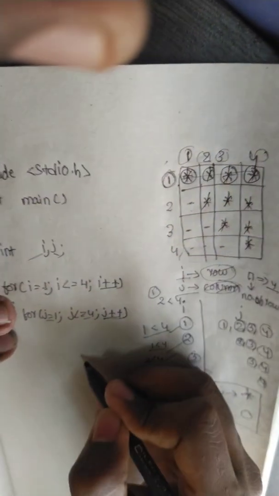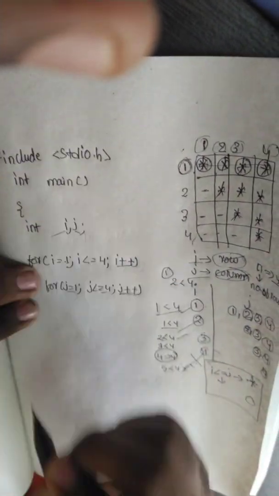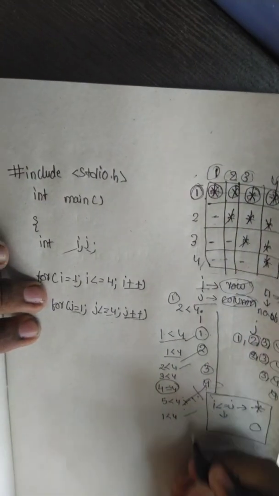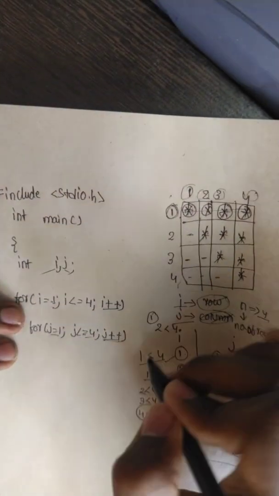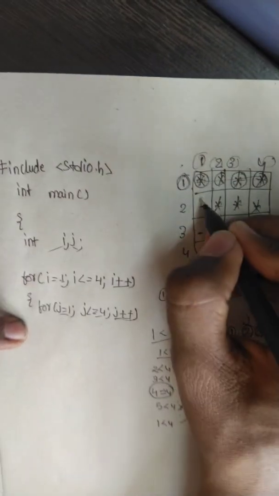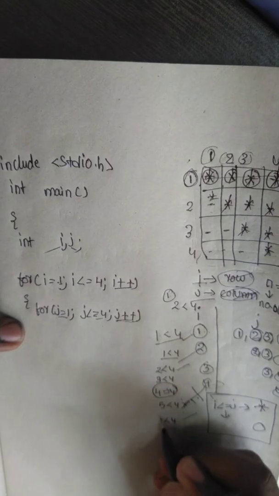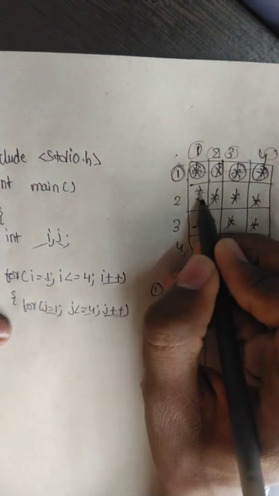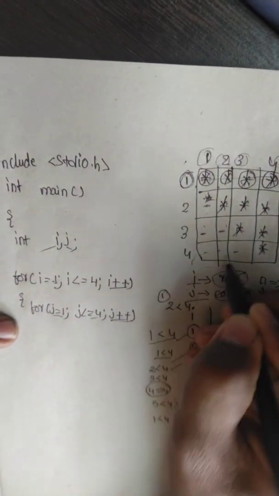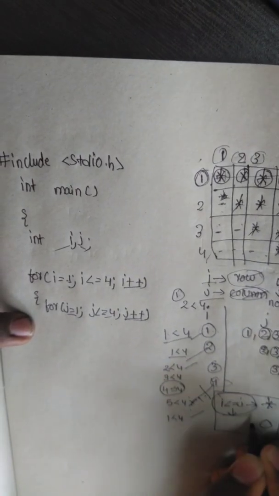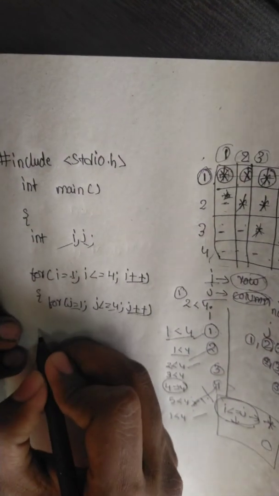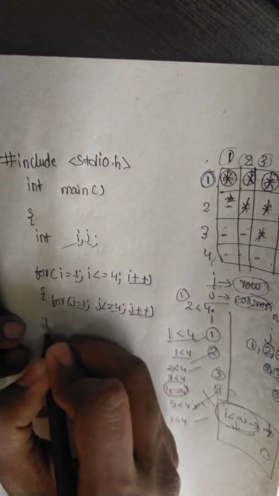After coming into this loop, j starts from 1, and 1 is less than 4, so both conditions are satisfied. Now a star would be printed here, but I don't want to print a star here. So to print stars in only some positions, I'm going to use if conditions.